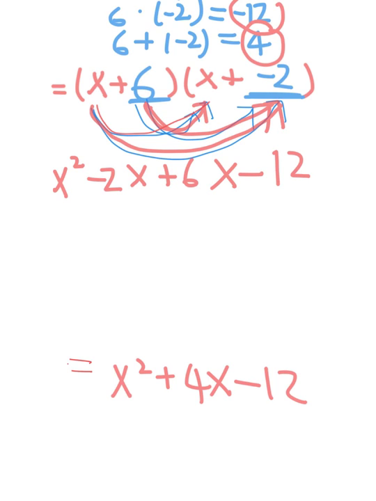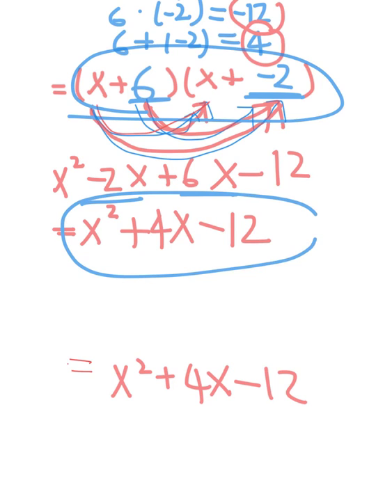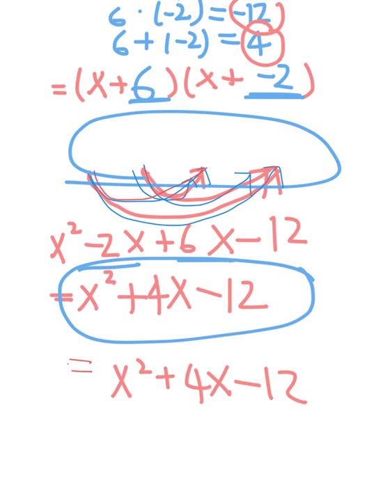And if we combine like terms, we have x squared, and then we have two like terms, -2x plus 6x, simply 4x, and then -12 is just by its own. So we indeed have proved that the two factor terms are the same as our standard form. So that is the beauty of our quadratic function factoring.